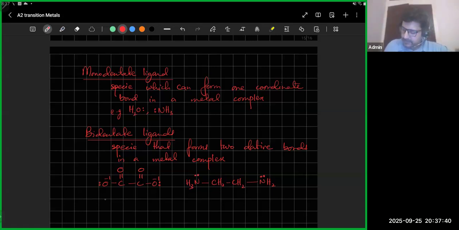So this is ethane 1,2-dioic acid, and this one is ethane 1,2-diamine. These are bidentate ligands.